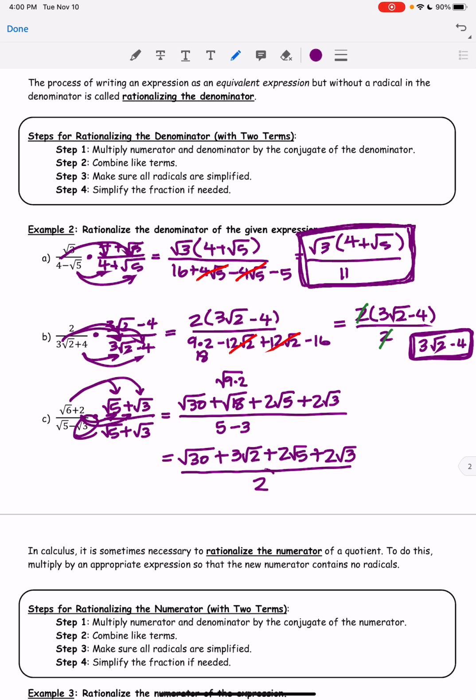Another thing to be careful with is you have a 2 on the bottom. You could cancel that out with these 2's here, but 3 is not divisible by 2, and there's a 1 in front here. And so you can't divide anything by 2. So as ugly as this is, it's the answer everybody wants. You might think this one looks a little bit prettier, and I would probably agree with you, but this is your equivalent expression without any radicals in the denominator.